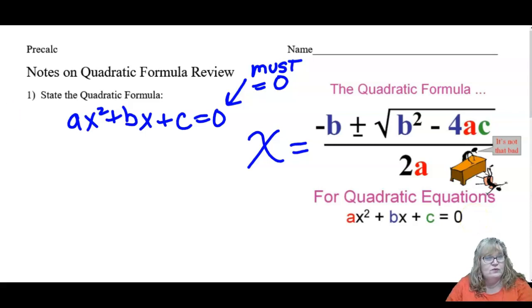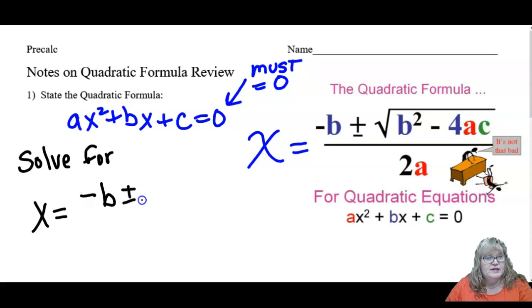Now, I'm going to write it out over here one slightly different way. You can solve for x. Again, it's the opposite of b plus or minus the square root of. Now, when you're doing this in your calculator, it's really important: if b is negative, you absolutely have to put these parentheses in.